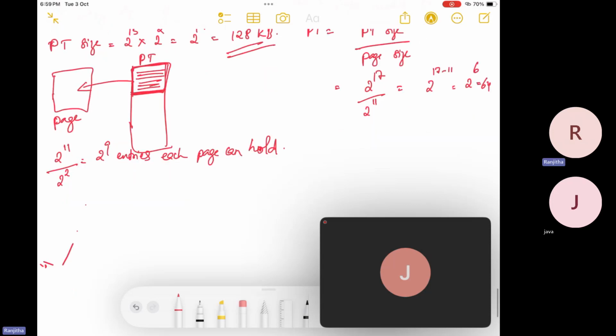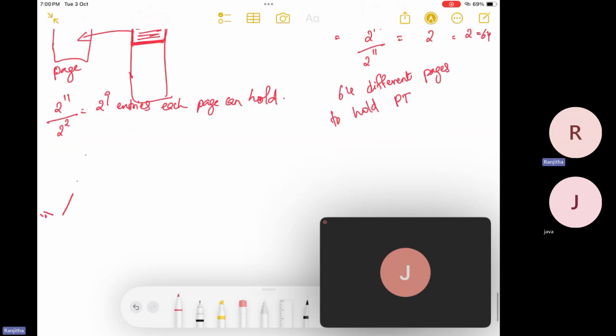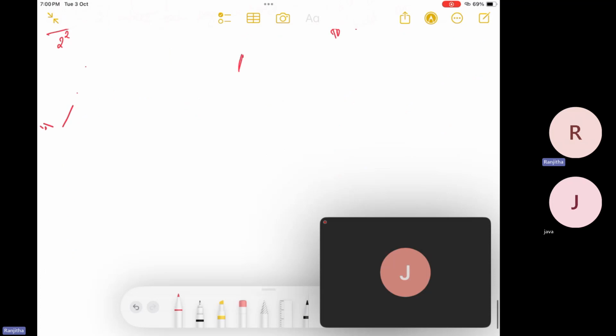So this means that we need 64 different pages to hold the page table.